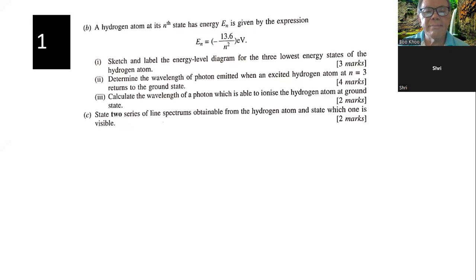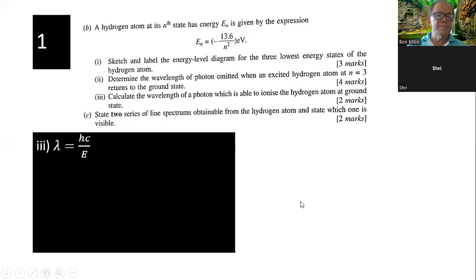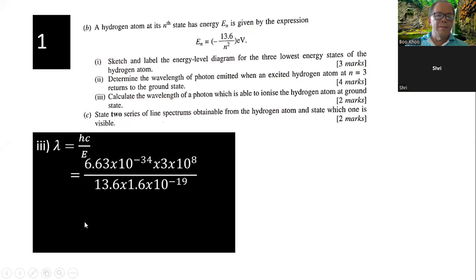Calculate the wavelength of the photon which is able to ionize the atom at ground state. Okay, ground state is just the energy level, this value. Same as before: h, c, 13.6, which is this one.